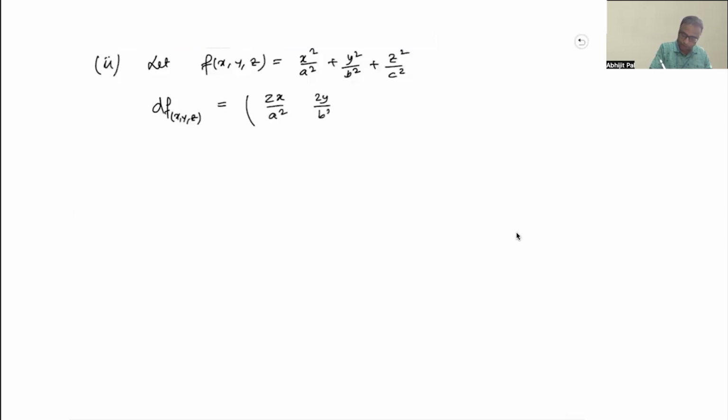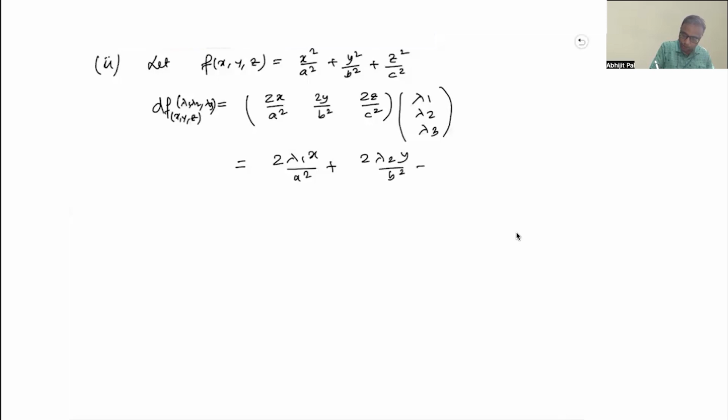So this is my matrix of this linear map. If I take any lambda 1, lambda 2, lambda 3, this matrix is acting on this vector lambda 1, lambda 2, lambda 3. And this will be 2 lambda 1 x by a square plus 2 lambda 2 y by b square plus 2 lambda 3 z by c square.